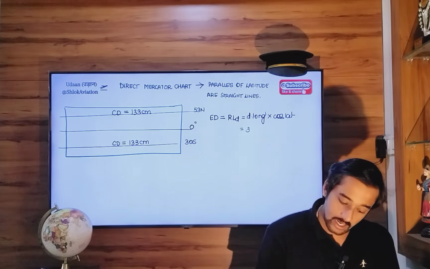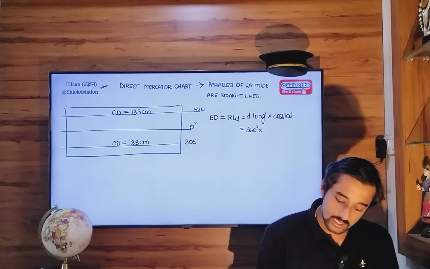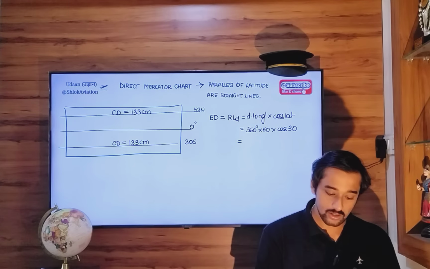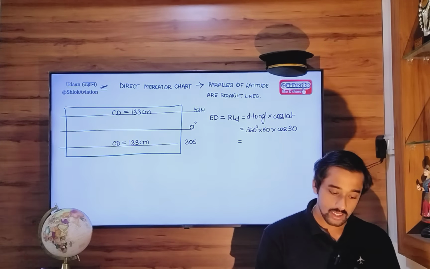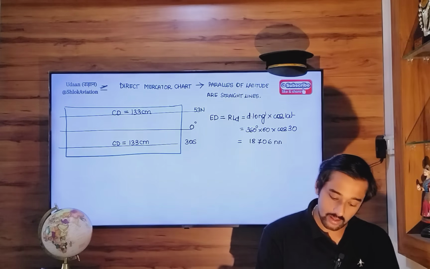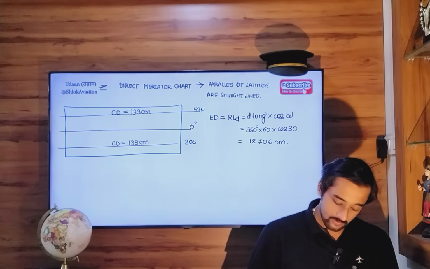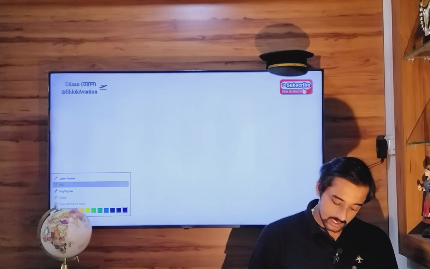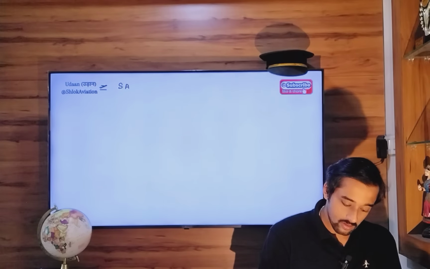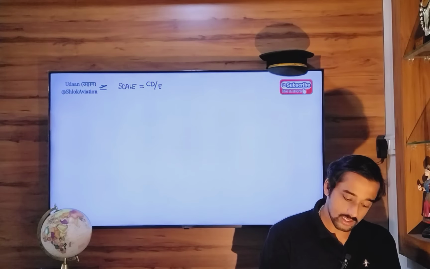So 360 degree into 60 into cos 30 is 18,706 nautical miles. Now we will find scale. Scale is chart distance upon Earth distance.